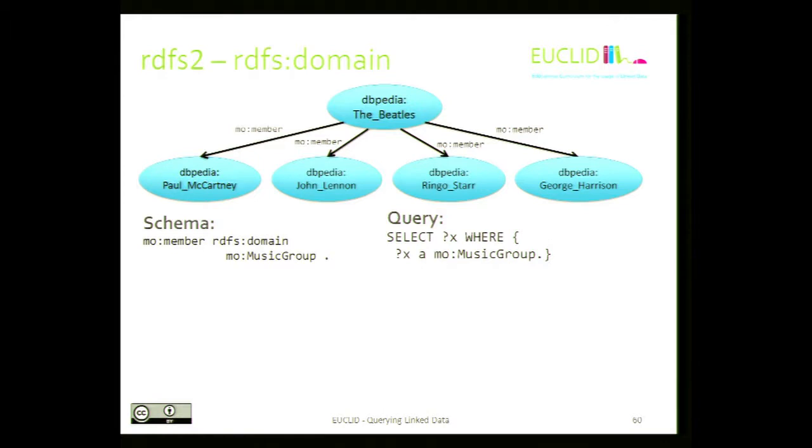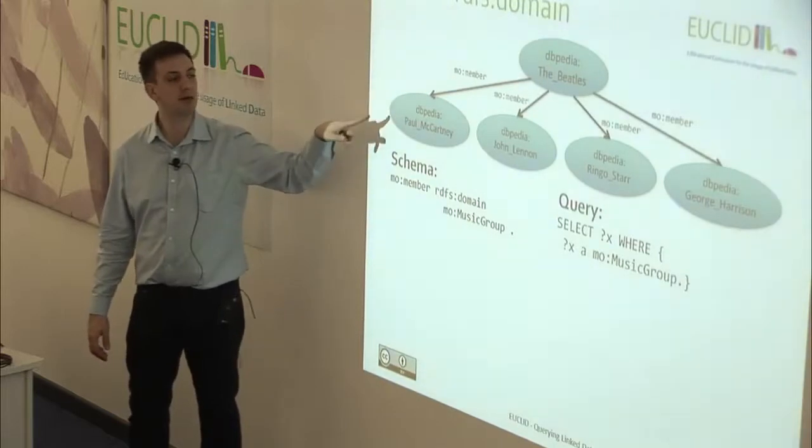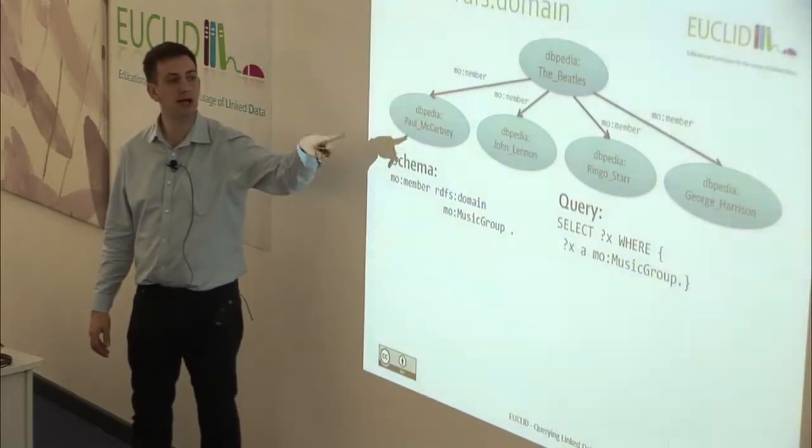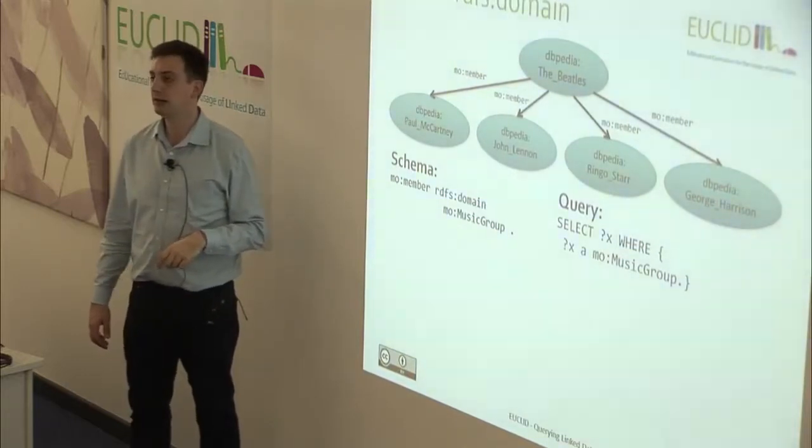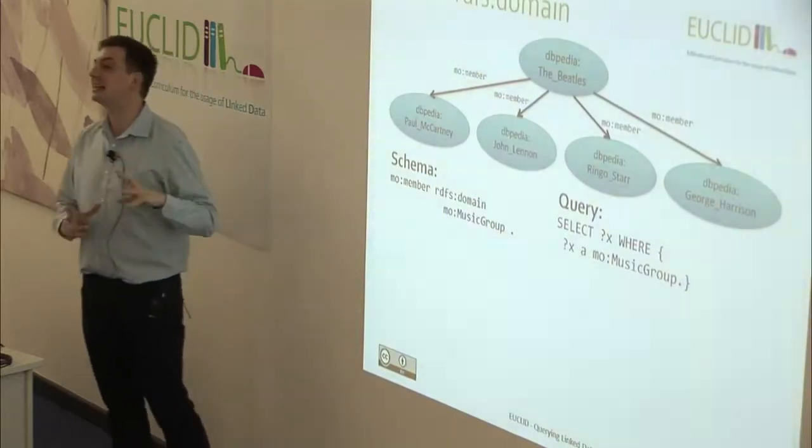So if we ask over this data that just says Beatles has member Paul McCartney, Beatles has member John Lennon, Beatles has member Ringo Starr, and the same for George Harrison, nothing in that data says that the Beatles is a group.